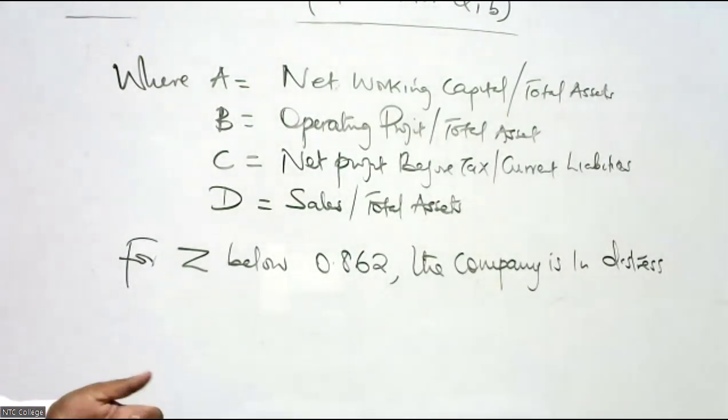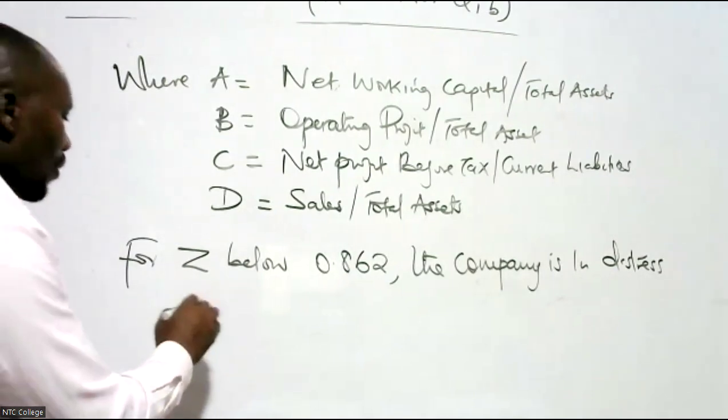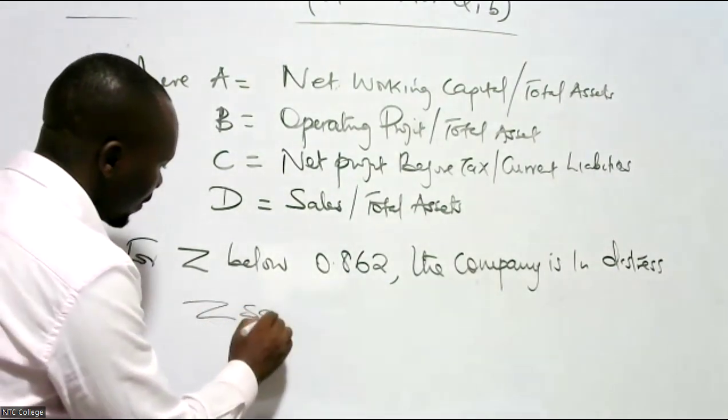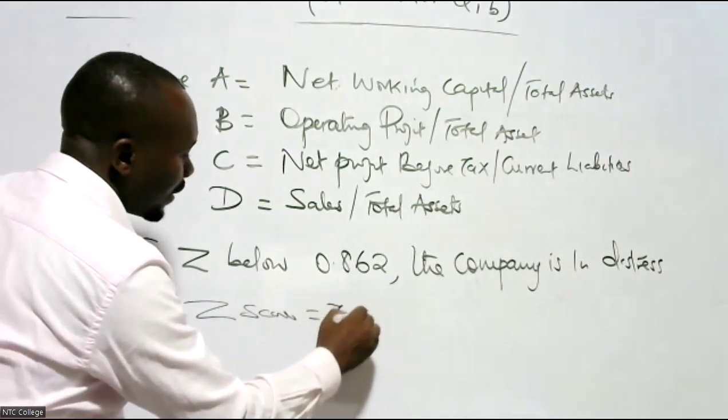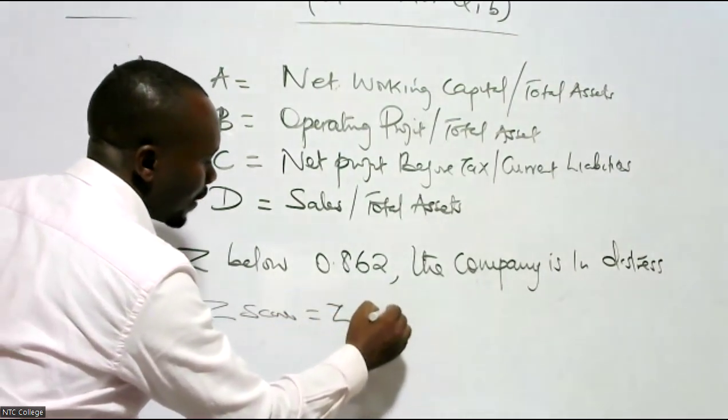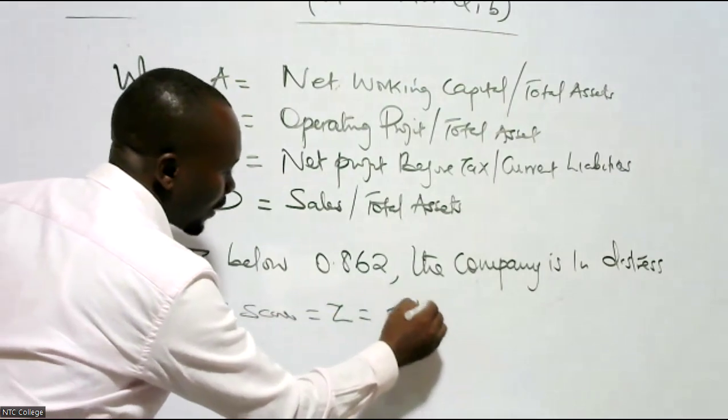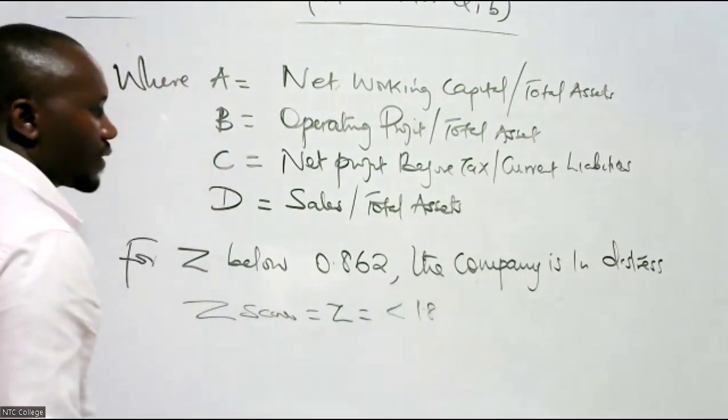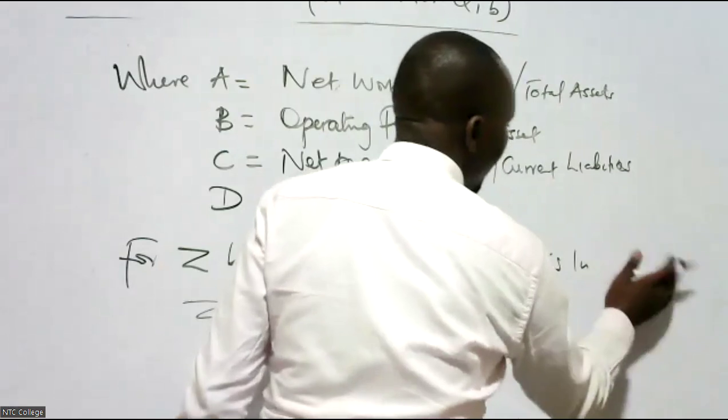Just like we were having for the Z score, if the value of Z is less than 1.8, then it is in financial distress.